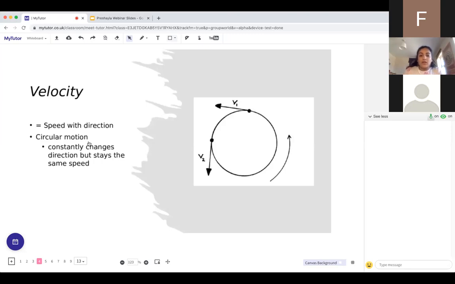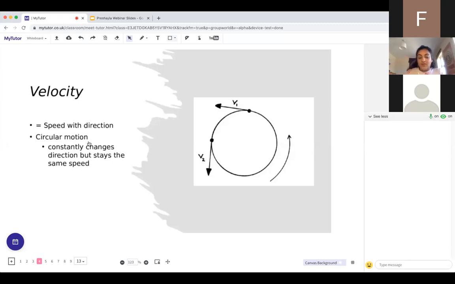Now, yes, it maybe stays the same speed, right? So let's assume that it stays the same speed as it goes around the circle. Let's say it does 10 miles per hour. So it does 10 miles per hour as it's going around the circle. The speed never changes.